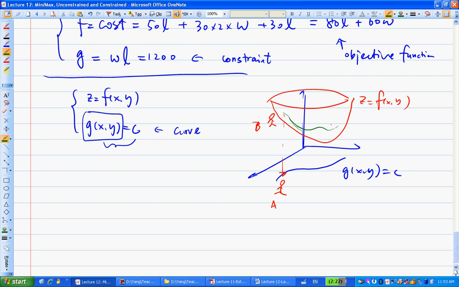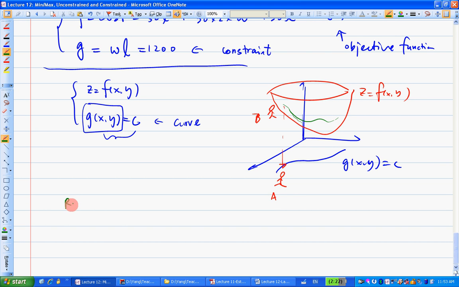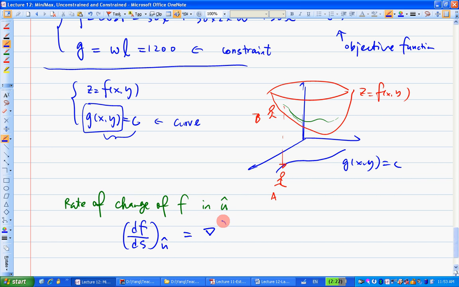So I can have a rate of change of f in u hat. This is the general thing here. I'm writing down the formula, but that's basically the idea of the directional derivative, which is df over ds in the direction u hat equals del f dot u hat. That's the directional derivative.